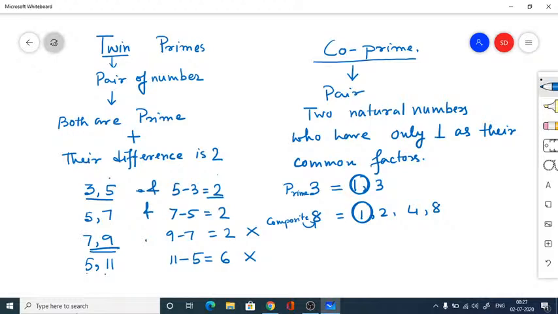Only this one is there in both, so they are co-prime. Another example can be 5 and 6. The factors of 5 are 1 and 5 only, and that of 6 are 1, 2, 3 and 6 only. 1 is common. So this is the difference between twin prime and co-prime.